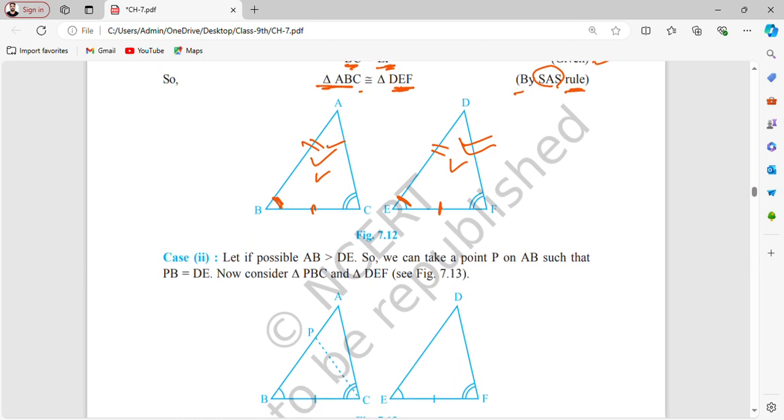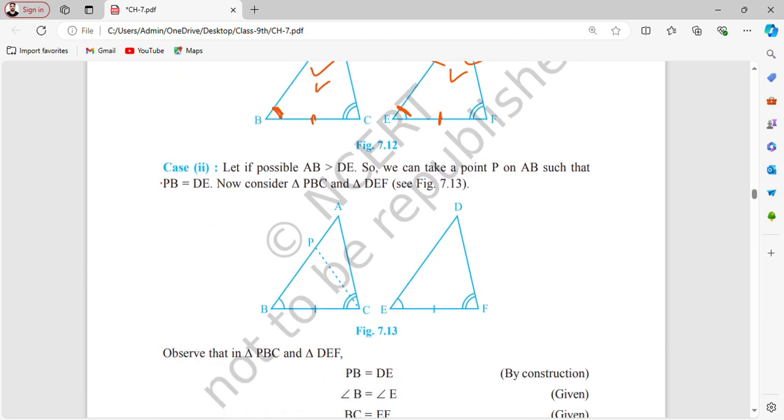Now, case number 2. Let, if possible, AB be greater than DE. So we can take a point P on AB such that PB is equal to DE. PB, this side, is equal to DE, this side. Now consider triangle PBC and triangle DEF.